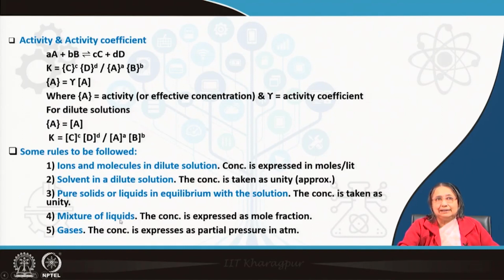When there is a mixture of liquids, the concentration should be expressed in mole fraction. And in case of gases, we have already seen the NO2 and N2O4 equilibrium. In that case, for example, we have used the partial pressure. So, in gas phase, when the reaction goes on, the concentration we have to use is in terms of partial pressure in atmospheres. These are the rules that we have to follow when we develop an equilibrium expression, because otherwise everything will be wrong.